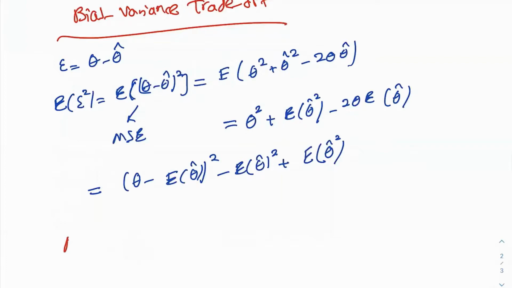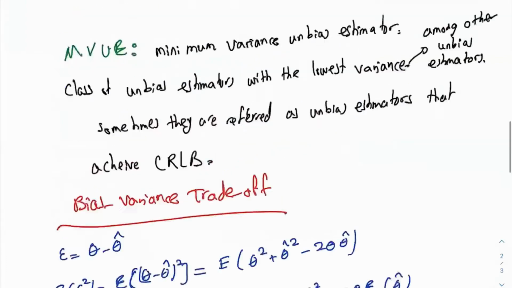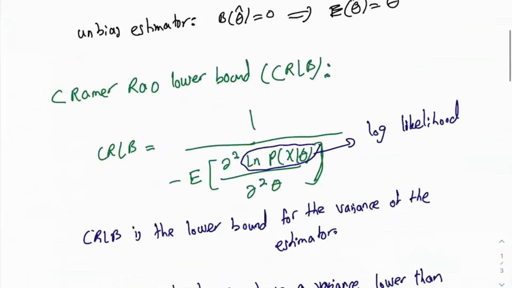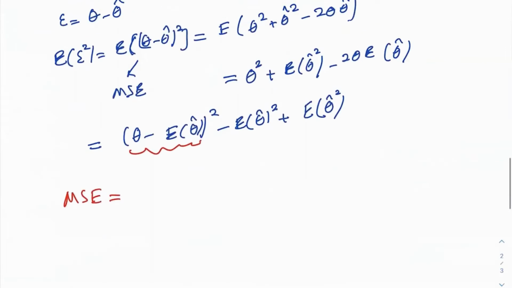Let's see what we get. We know MSE is equal to, what is this term? Let's go up. Look at this, what I defined here. I just said that E of theta hat minus theta is equal to the bias. Right? Since we are squaring that, it doesn't really matter.